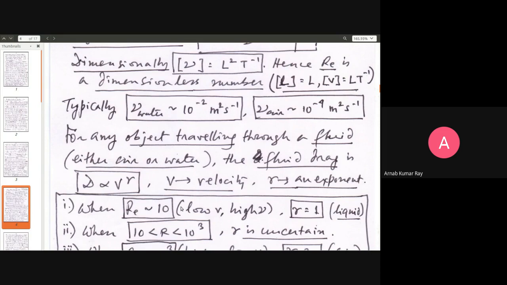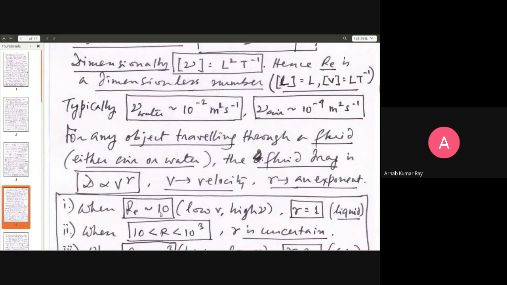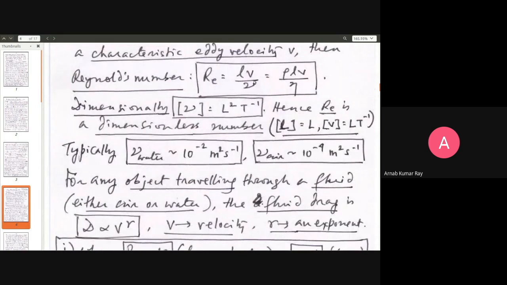When the Reynolds number, LV by nu, is of the order of 10. And how will you control Reynolds number? Low velocity, high kinematic viscosity. If you have that, then Reynolds number will be small. High velocity, low kinematic viscosity, Reynolds number will be large.